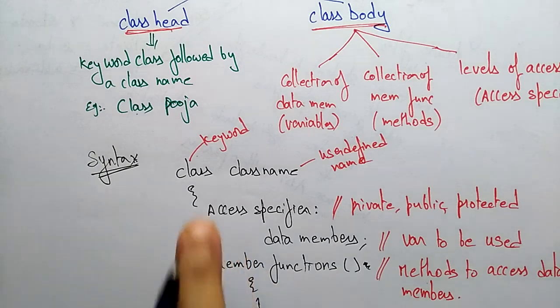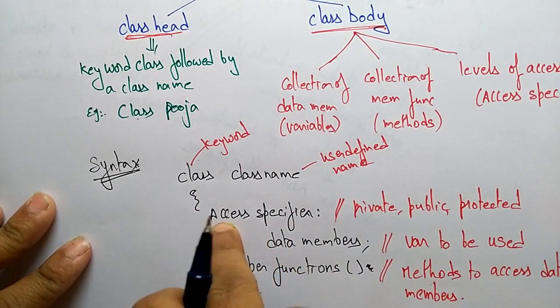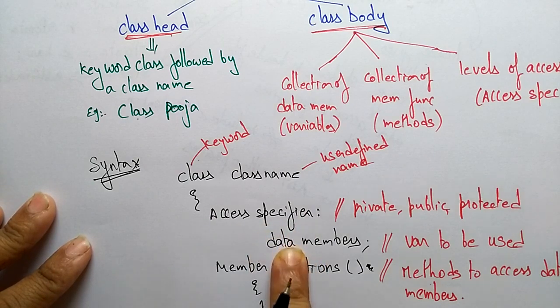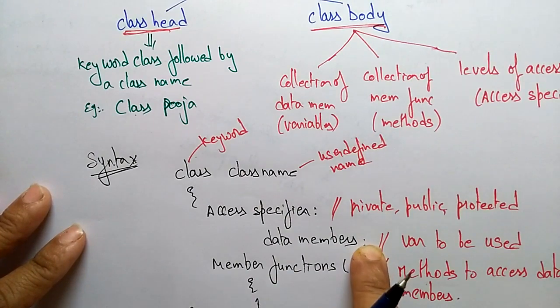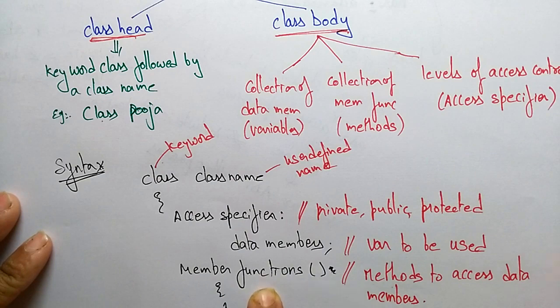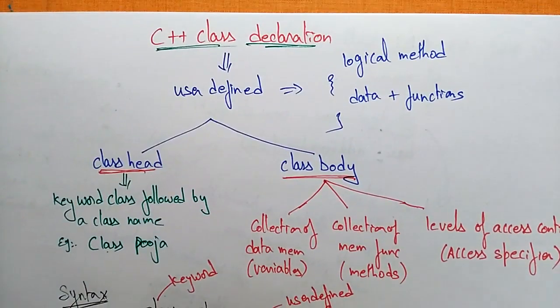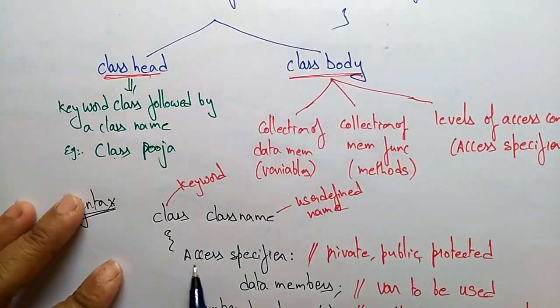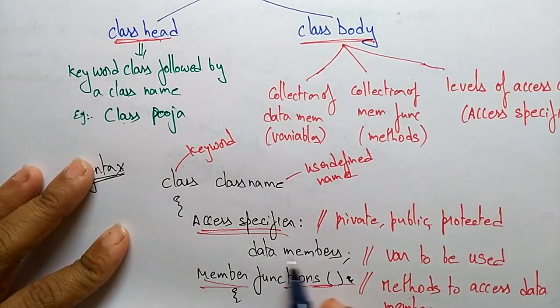Is it clear? So the class consists of access specifiers, which give protection to the data, the variables that we use, and the member functions, which are the operations that we have to perform on this particular data. And it ends with the semicolon. Now let us see one by one: what are these access specifiers, what are these member functions, and what are these data members. Okay, so coming to next.